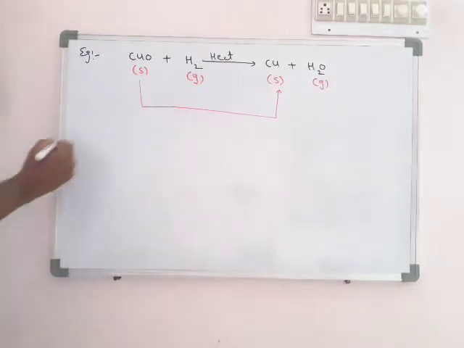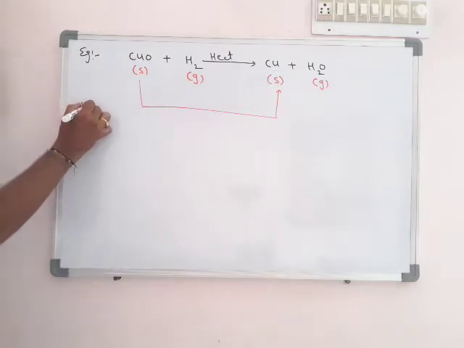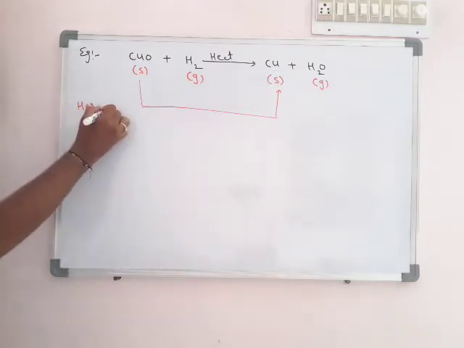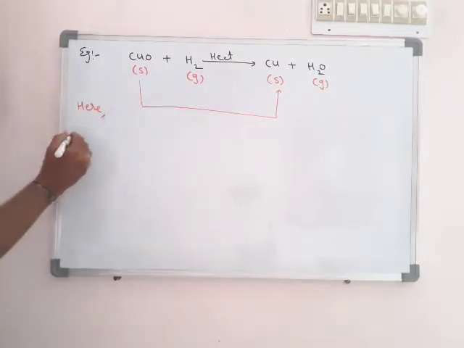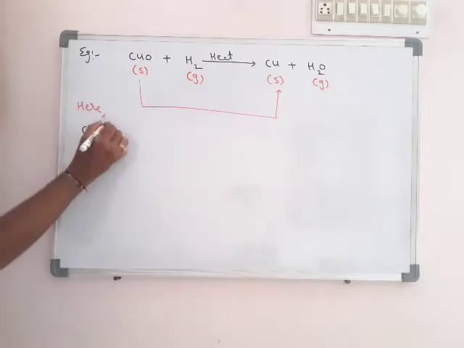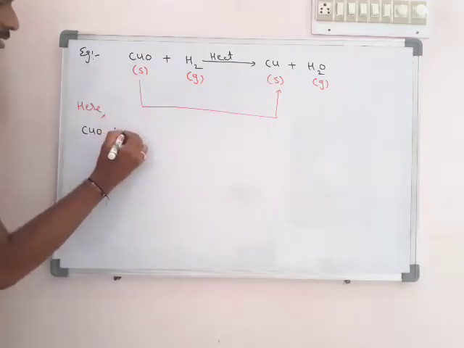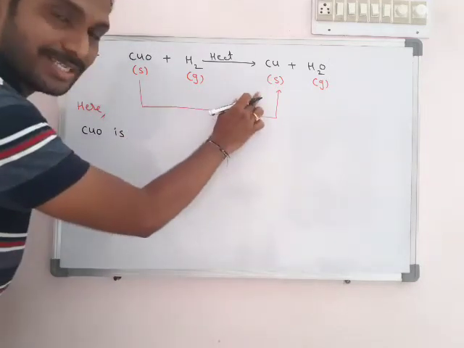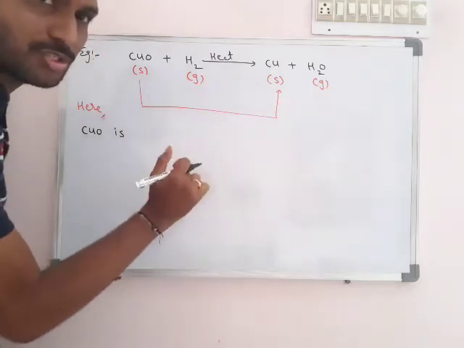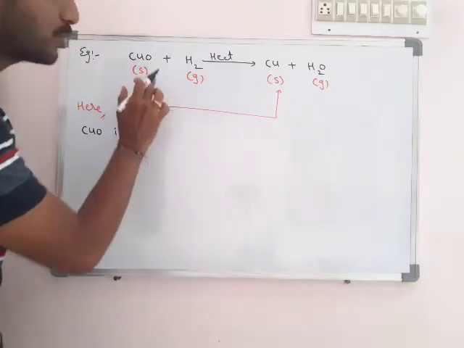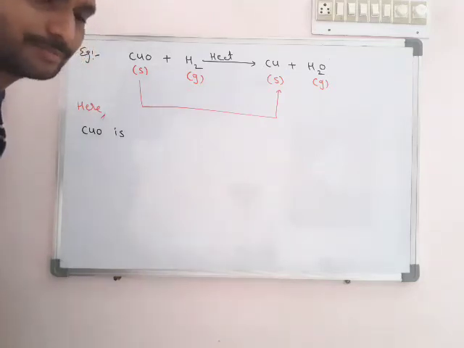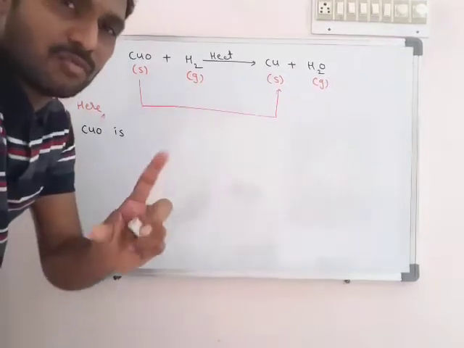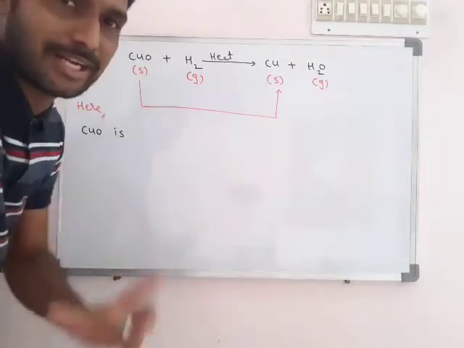Therefore here we can write about CuO. One by one we see it. Here CuO is changed to which species? Copper. CuO changes to copper by losing its oxygen. Even if it loses at least one oxygen, it doesn't matter, we can say it is reduced.